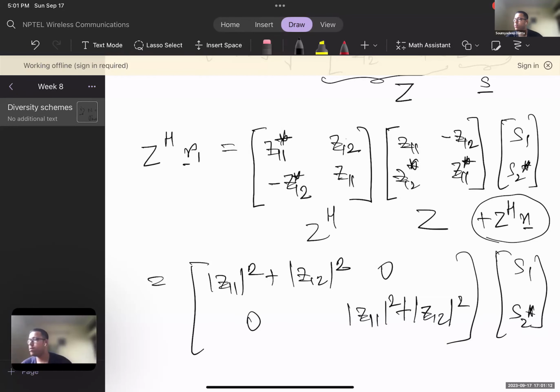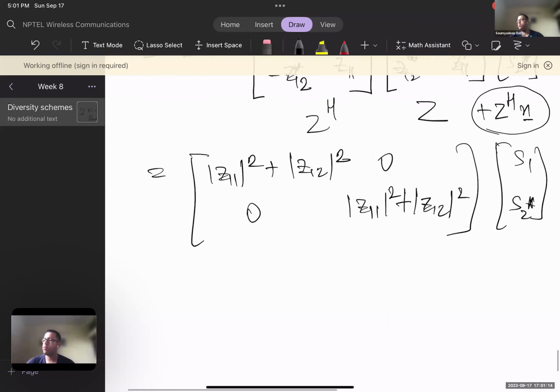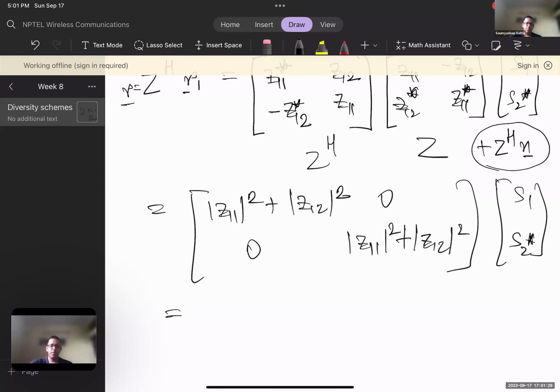So what this gives you is this final output, which you can call R, is completely separated into these two symbols. Let's say you call this your received vector y.